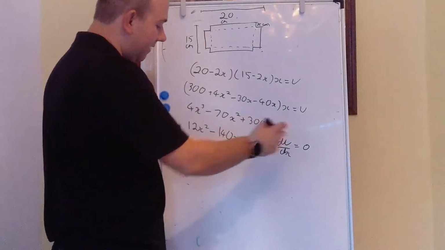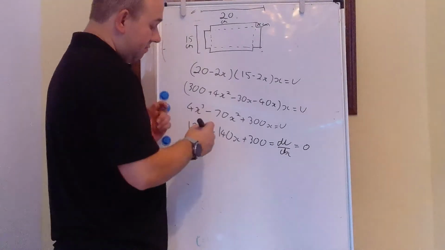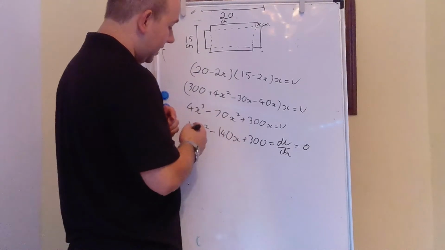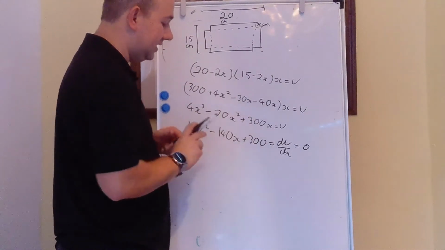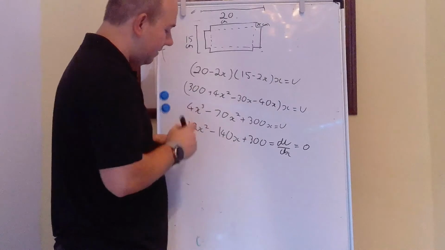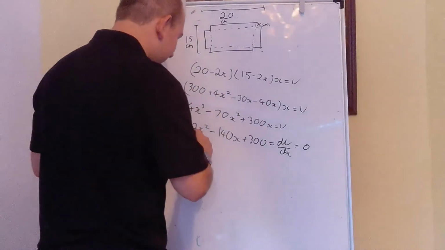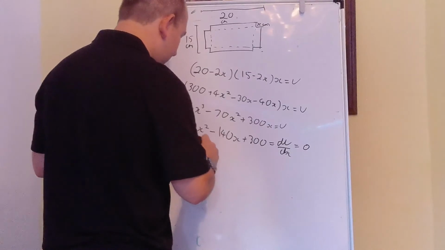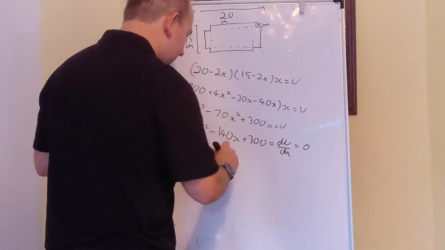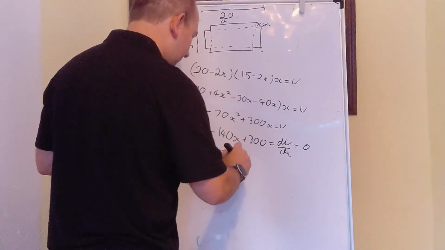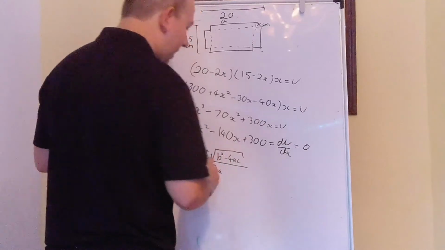So we've now got effectively something that looks like a quadratic equation. This is divisible by 2, so I could go 6x squared minus 70x plus 150 equals 0. But what I'm going to do is just go straight into using the quadratic formula. So the quadratic formula is minus b plus or minus the square root of b squared minus 4ac all over 2a.